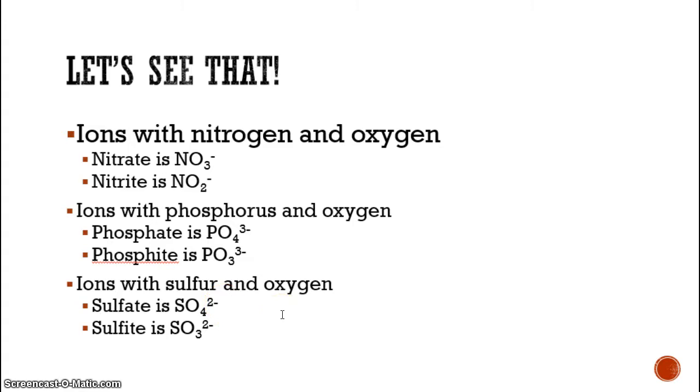It would be nice if it told us exactly how many oxygens, but it was based off what was the most common. So in class we have a lot of nitrate ions, but I don't have any nitrite ions because they're unstable in the presence of oxygen. I have phosphate, but I don't have phosphite, and I have sulfate, and I don't have sulfite back there.